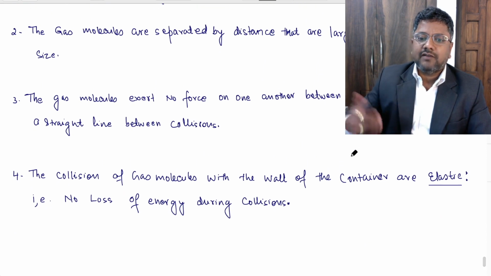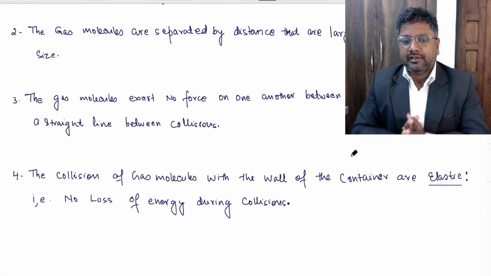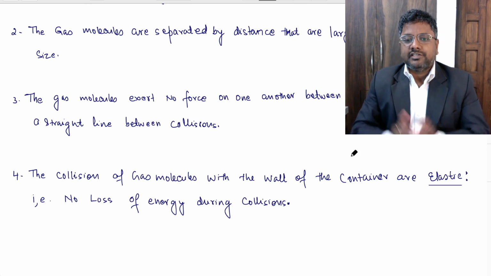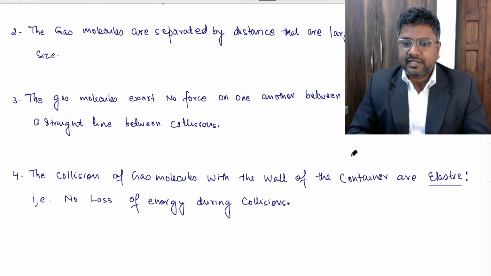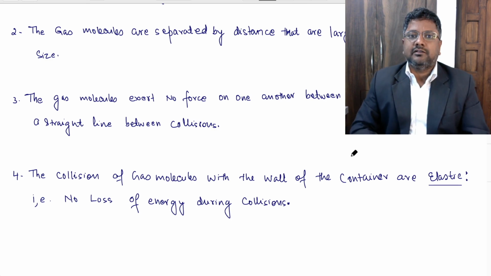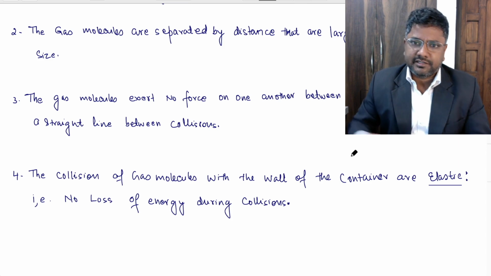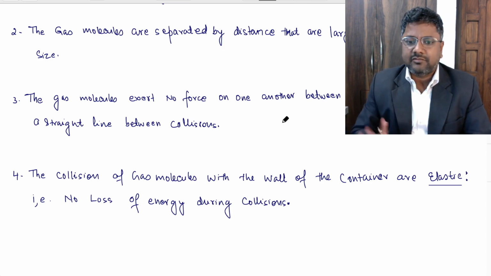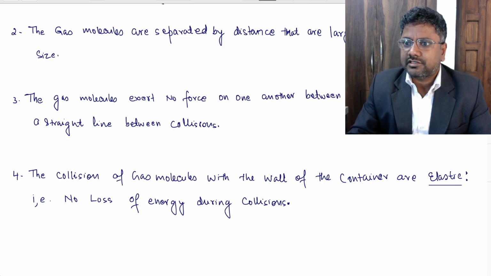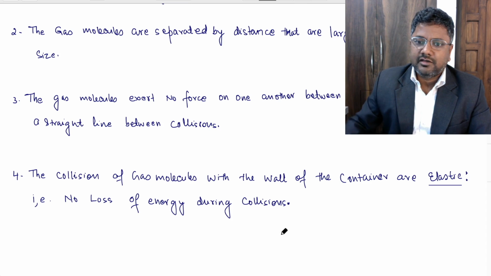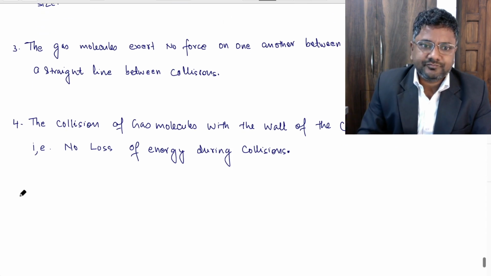After that, we will try to justify Boyle's law, Charles's law, and the equation of state by that formula of pressure, which is based on these assumptions, right? So first I am going to derive the formula for pressure.